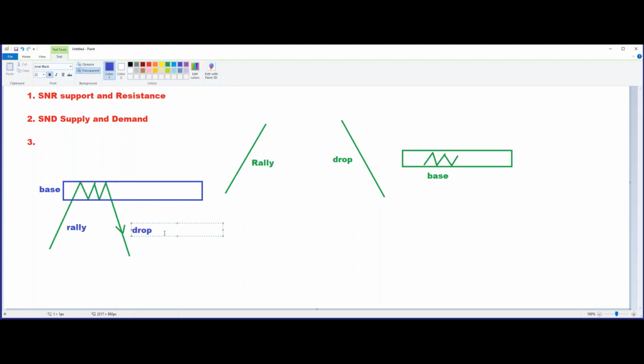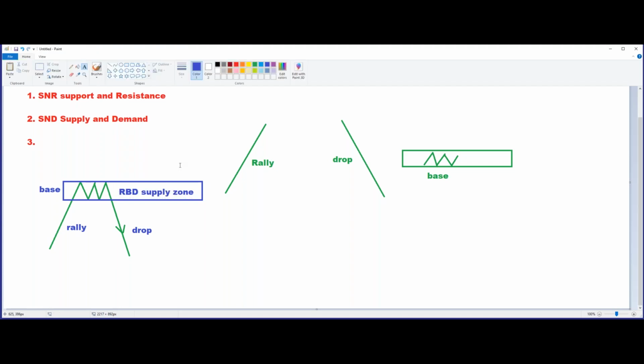The zone on top of this is a rally base drop, or supply zone. Okay, so far follow? A rally base drop, supply zone.